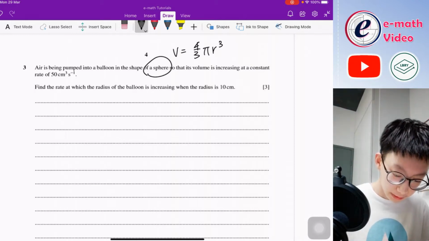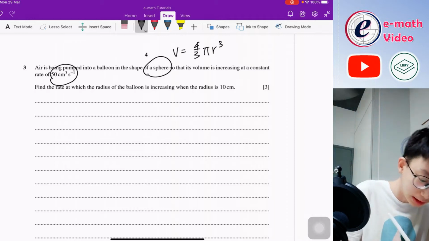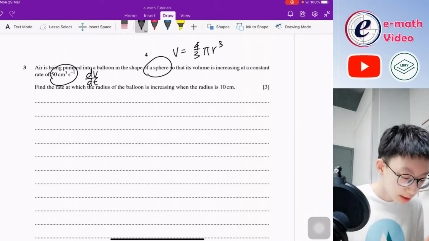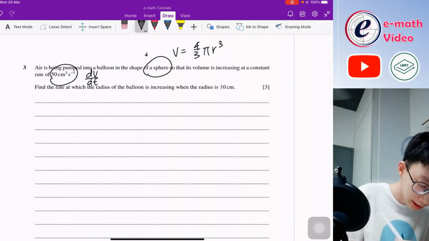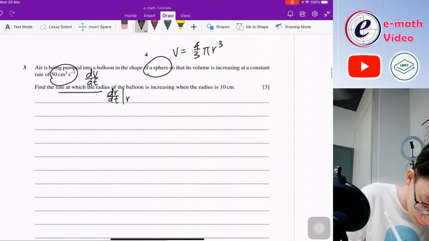Then the constant rate, what is this? This is actually dV/dt. It's a rate of change question. Then we want to find the rate of change of the radius, which is dr/dt, when r equals 10.